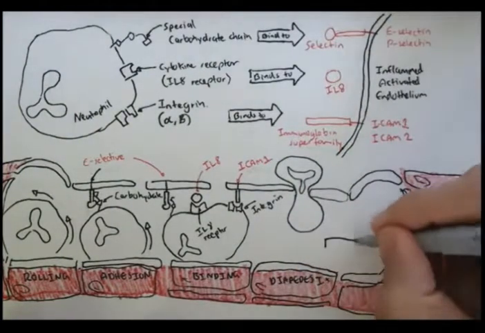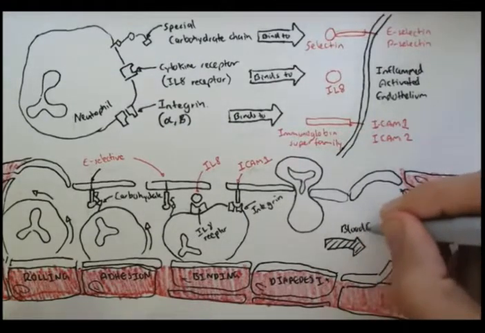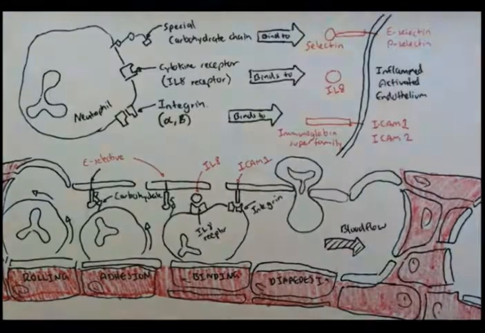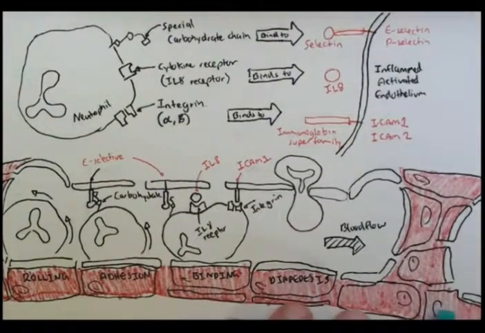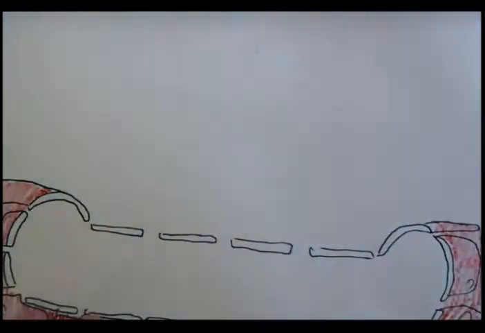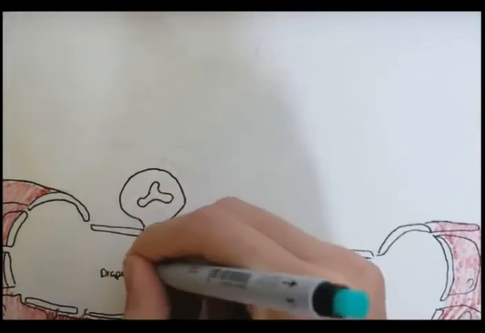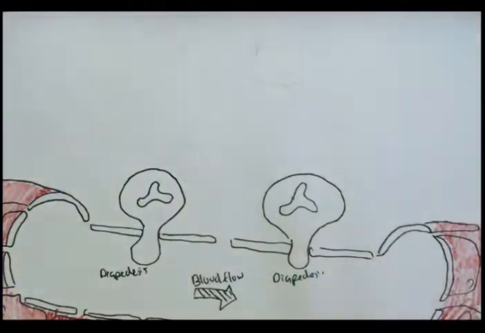Now let's just quickly look at what the neutrophil does after diapedesis and after it has moved past the vessels. So here I'll draw a blood vessel again, and as the neutrophils pass through with the diapedesis process, there are still interleukin 8 molecules in the area which were secreted by the tissue macrophages.